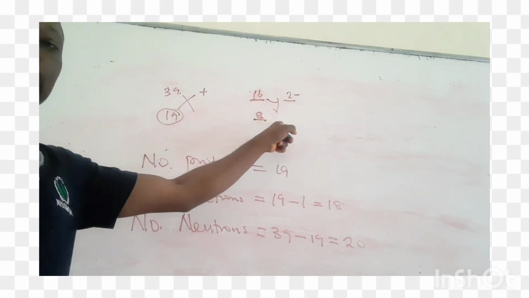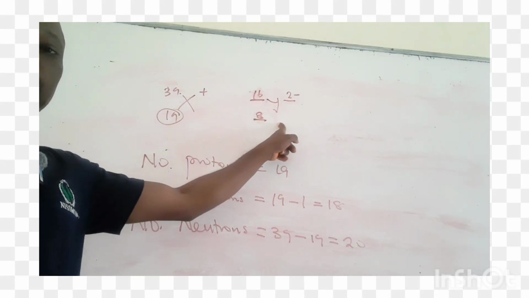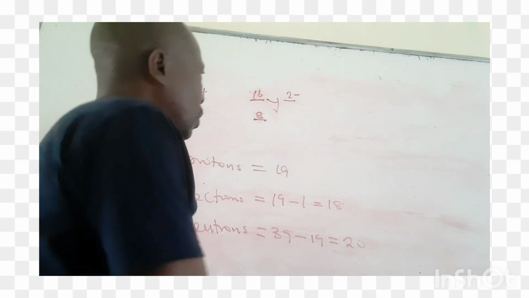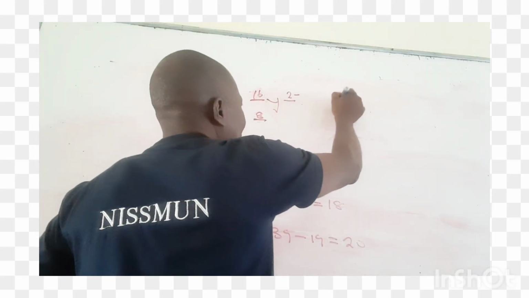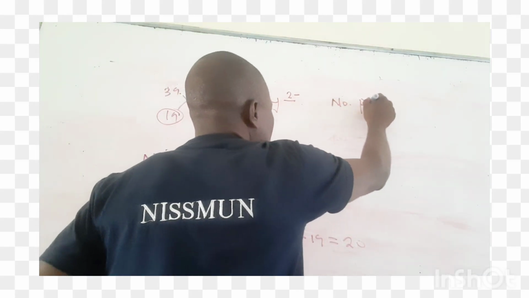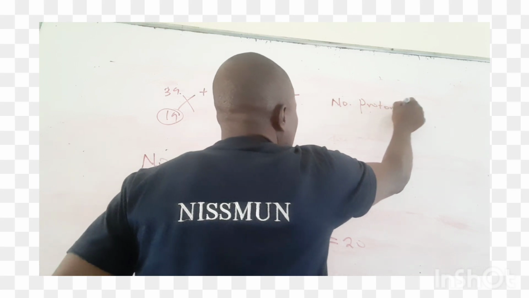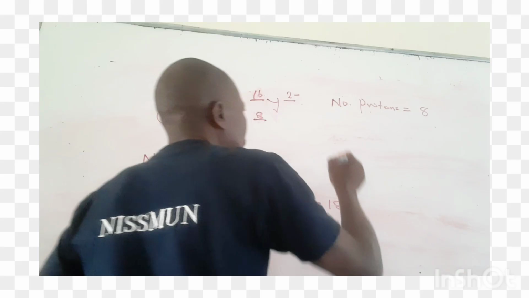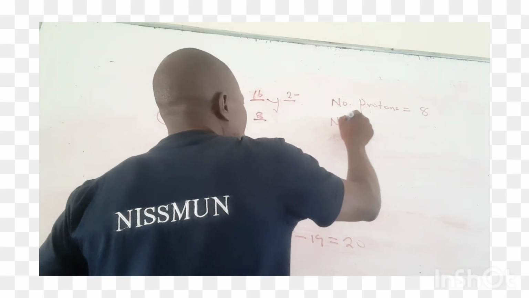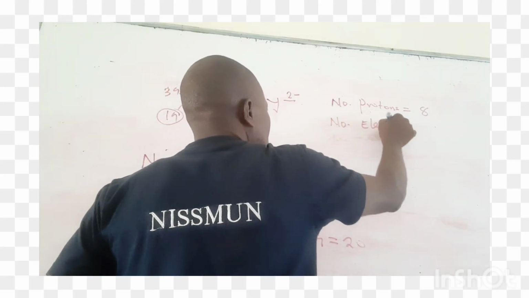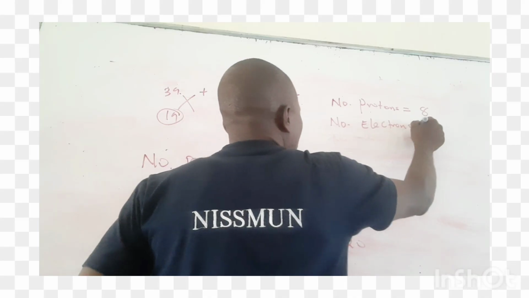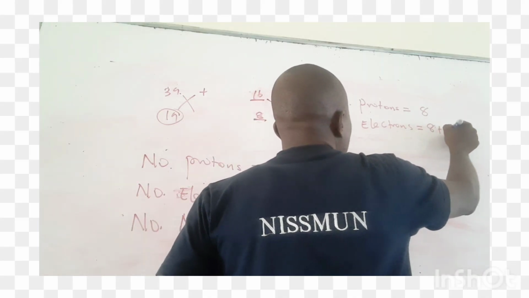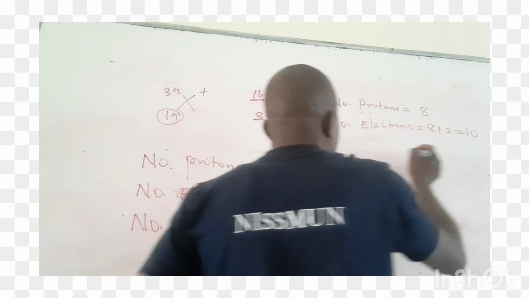Now, because the charge here is minus 2, it means that it has more electrons than protons. So let's solve. Here, the number of protons is equal to the atomic number, which is 8. The number of electrons is equal to the atomic number 8 plus 2, making 10.